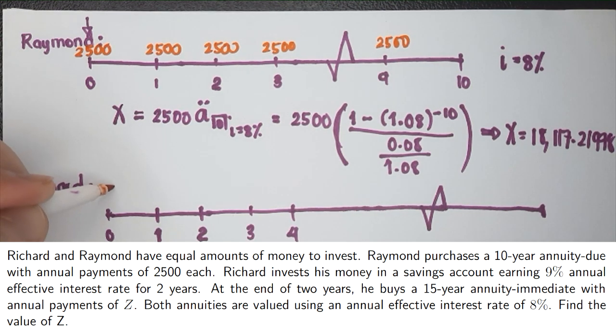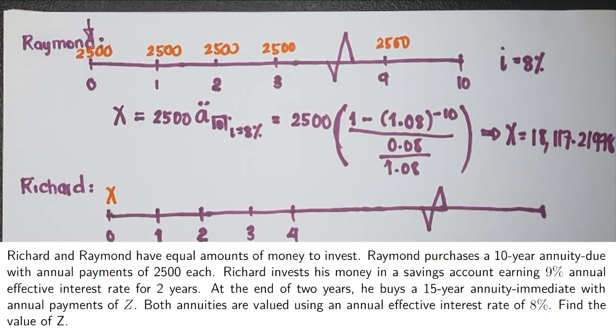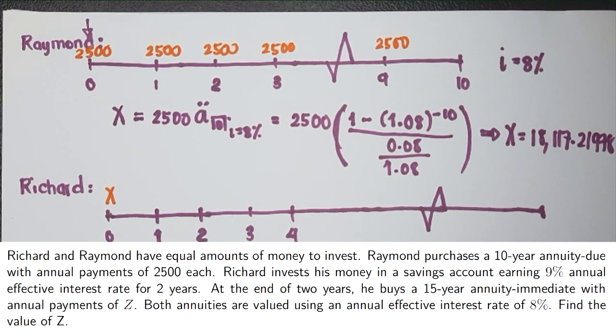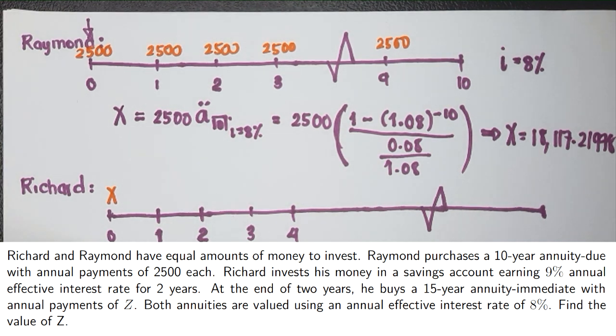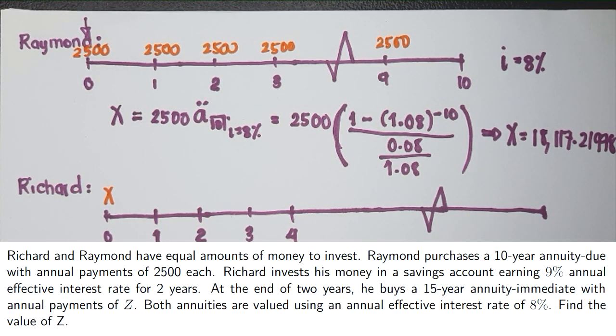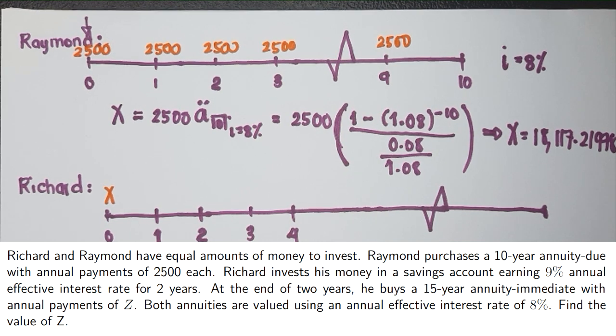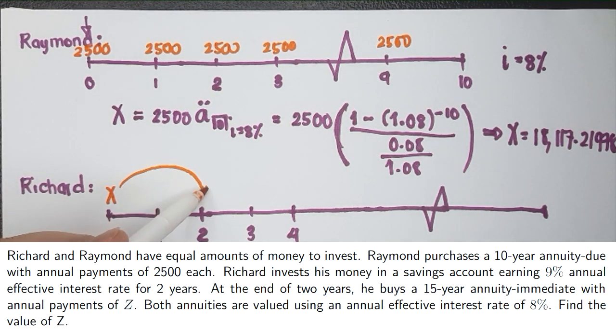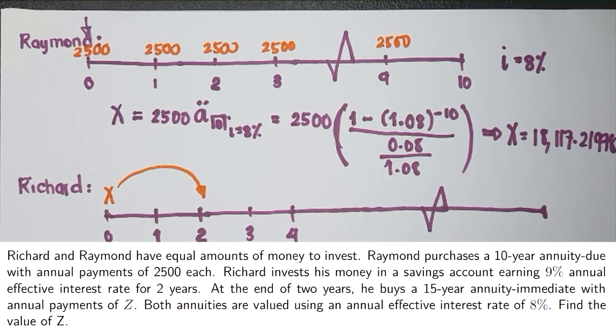So X is placed in the bank for 2 years, and during those 2 years his money earned 9%. After 2 years, this X has grown. What is this process? Accumulating, right? So your X has grown.